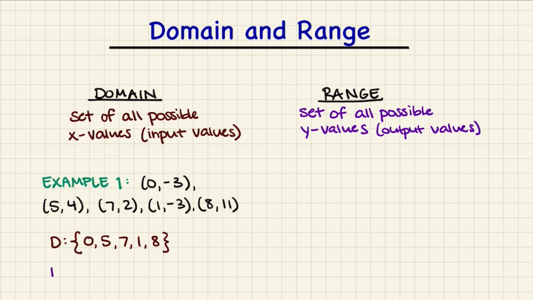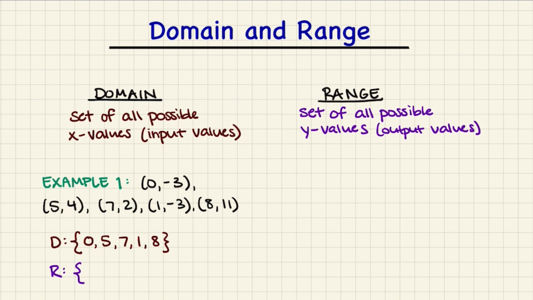And then our range, like we said earlier, is the set of all possible y values or output values. So we'll look at our y values and list those. We have -3, 4, 2, -3, 11.